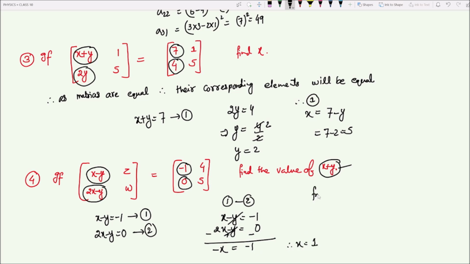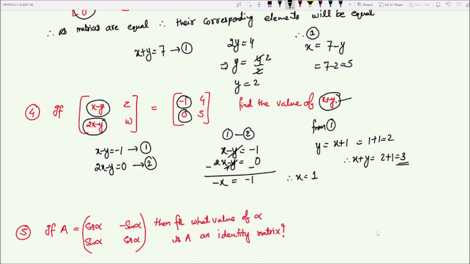So from equation 1, y is equal to x plus 1. So the value of this is 1 plus 1 is equal to 2. Now we have to find the value of x plus y. So this is 2 plus 1 is equal to 3. So 3 is the result of this equation.